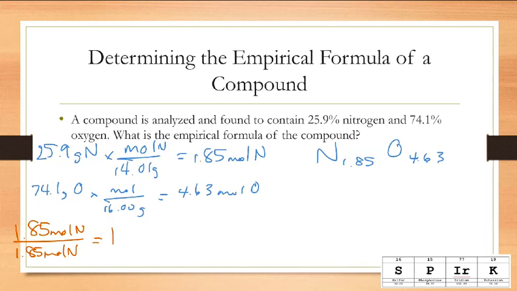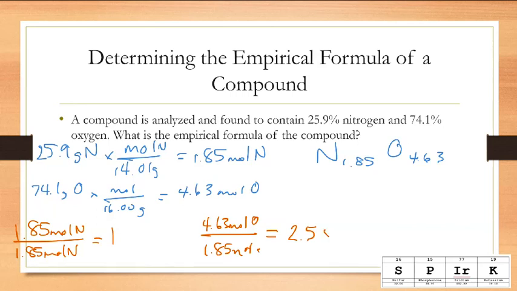And now when we look at oxygen, we're going to say 4.63 moles of O, and we divide it by the smaller of the two, and we are left with 2.5. But we know that we can't leave a ratio as a decimal.